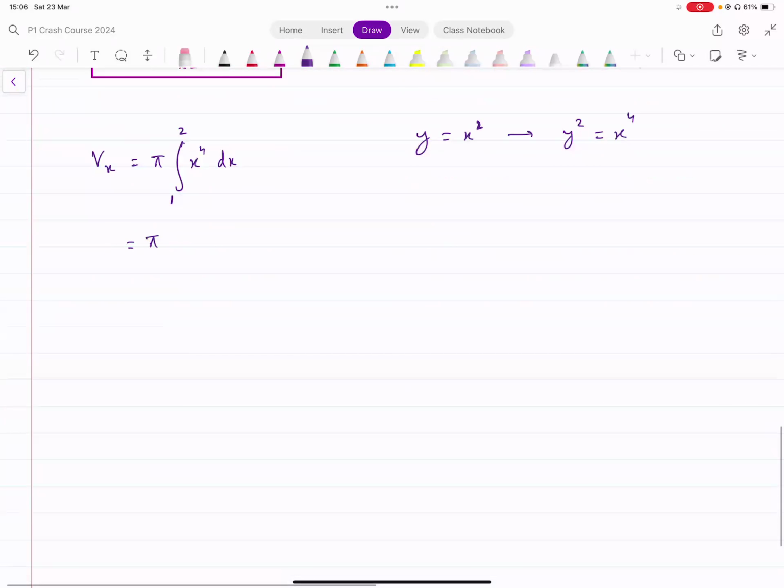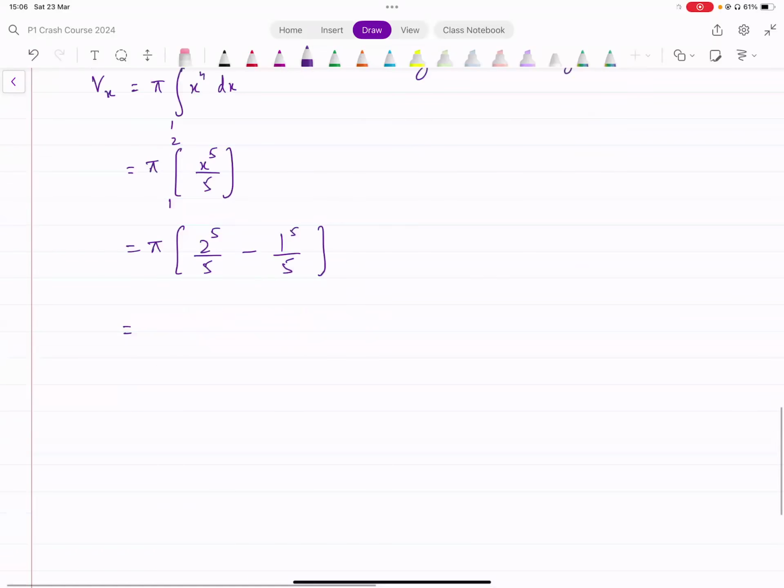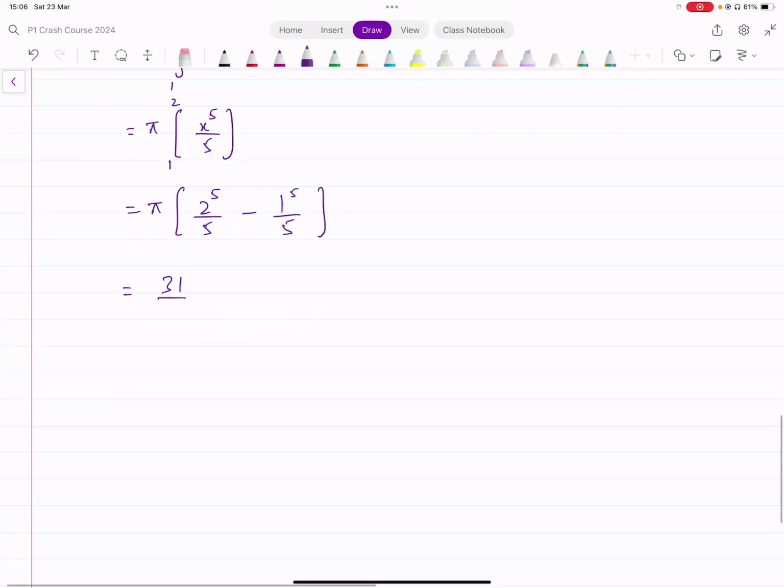We have pi into the integral of x raised to power 4, which is x raised to power 5 divided by 5. Input the limits from 1 to 2, and that gives you pi multiplied by 2 raised to power 5 over 5 minus 1 raised to power 5 over 5. And that will give you the volume of revolution that we're looking for. 32 minus 1, that's 31. So that's going to be 31 over 5 times pi.